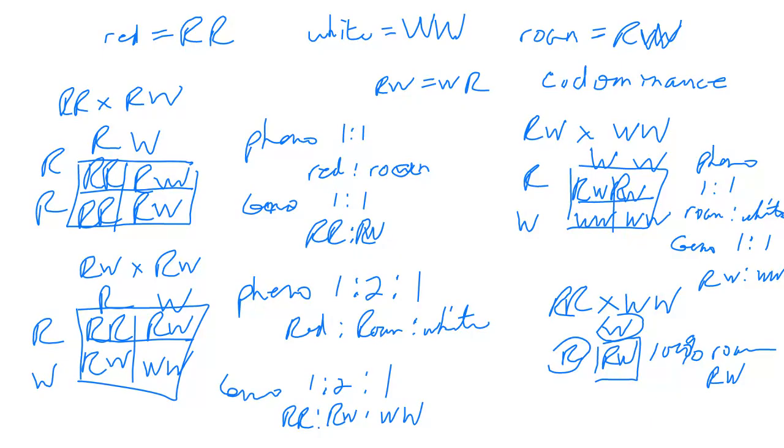Because in the problem where it says roan, it specifically writes it as big R, big W. And so we're just going to keep the R's first, followed by the W's. So when you do these problems, it's important to be consistent. Whatever the problem tells you, follow the pattern that's given to you in the problem. Otherwise, it gets really confusing, especially when you do a dihybrid cross, which we do have in here. So we have to be consistent with how we write things down.